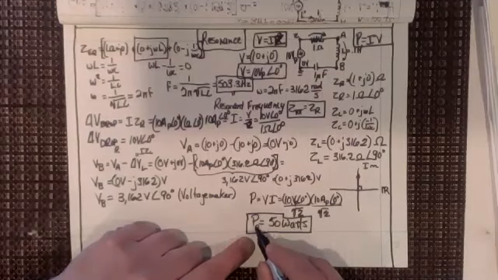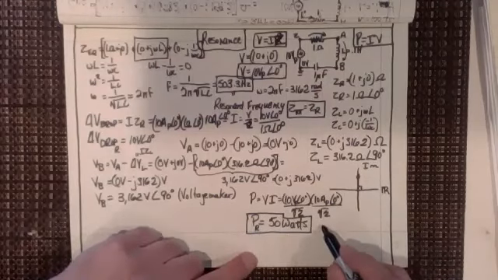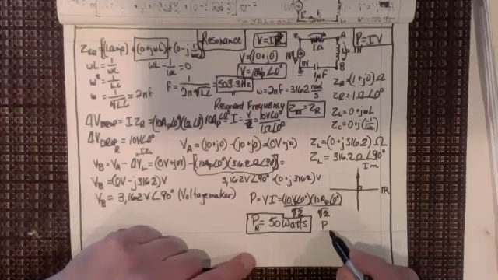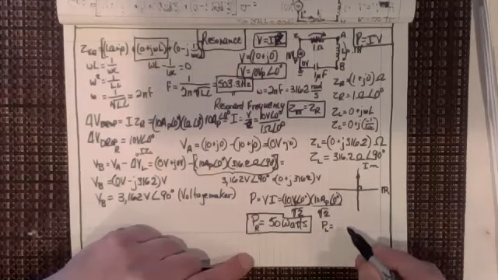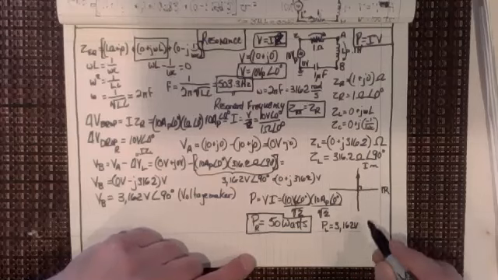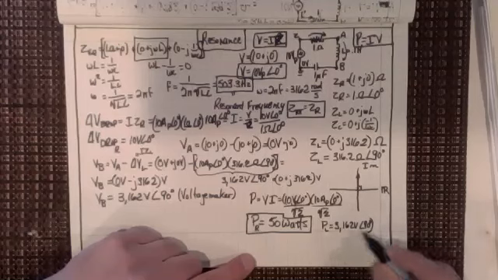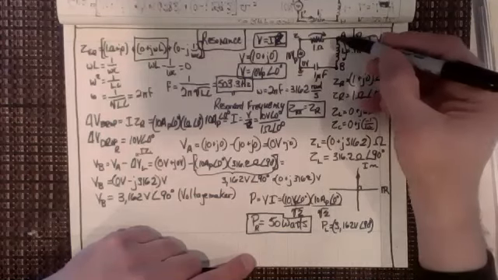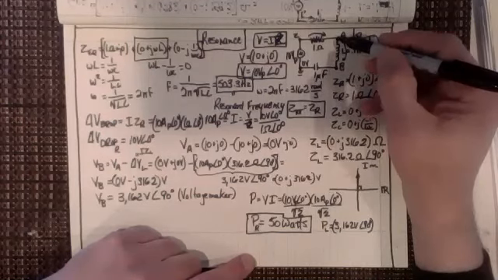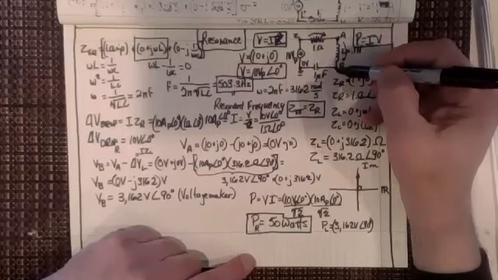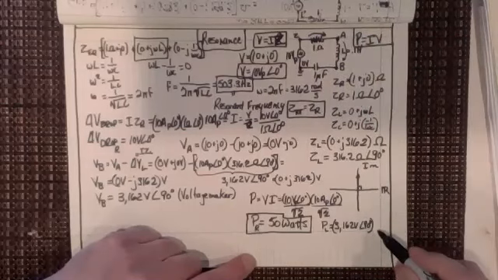So that's for the resistor. And if we look at the power in the inductor, I've got 3,162 volts at 90 degrees across there, because this is 0 at 0 degrees. So the total is 3162 at 90 degrees.